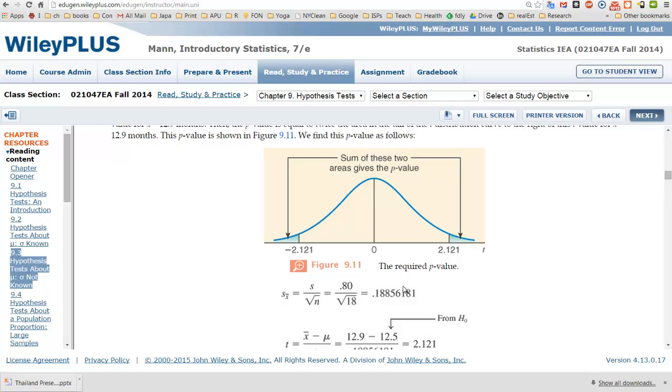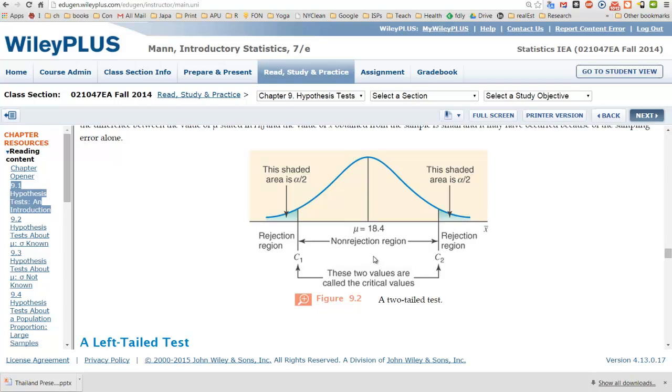If our t-value is out here, then, going back to this example, if our t-value was here, normally, if we set it up this way with the rejection region, since it falls into the rejection region, we would reject the null hypothesis.